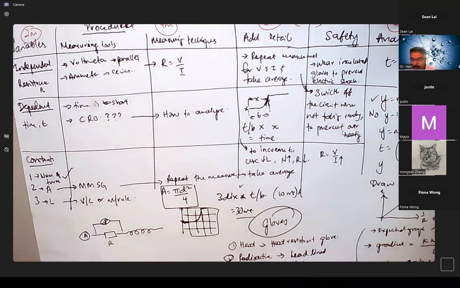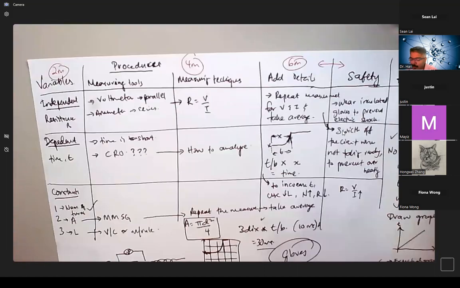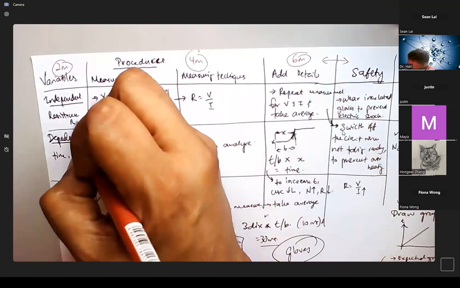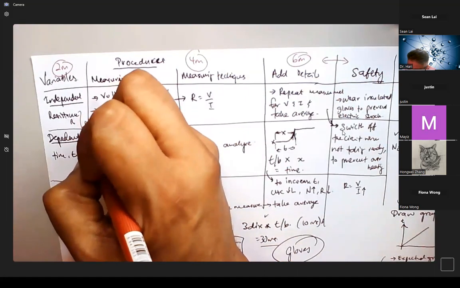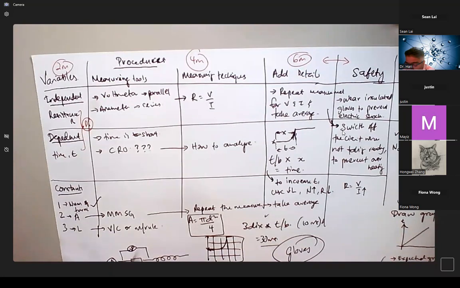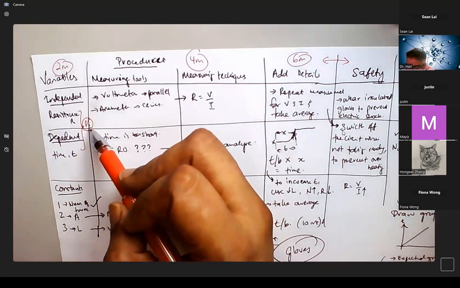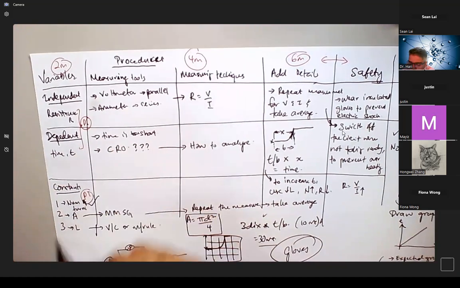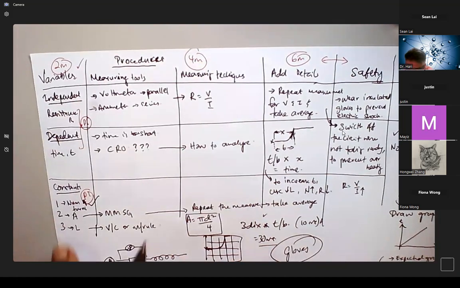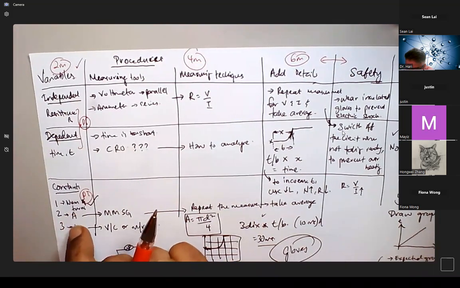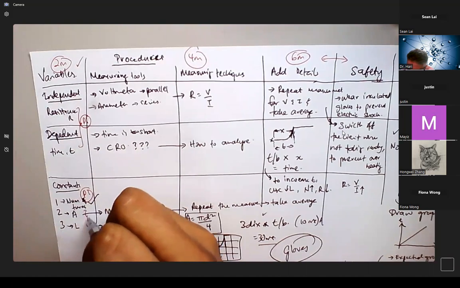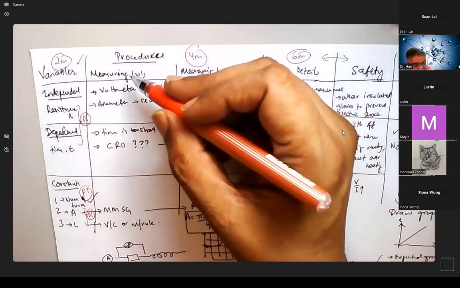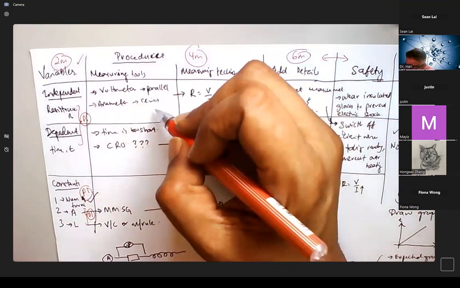Let's see how the marks are awarded. Normally for the variables, the independent and dependent, it carries 1 mark if you identify them correctly. If one of them is wrong, you would not get this mark. Constant carries 1 mark, P1. These two come under additional detail, D1. Measuring tool, if you have identified the correct tool, M1.